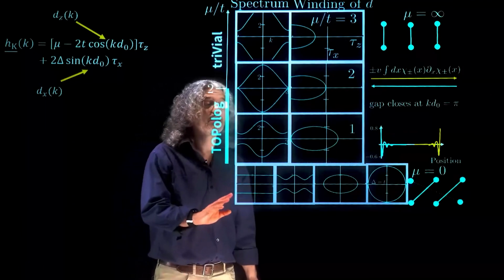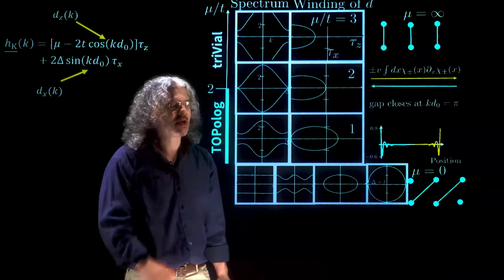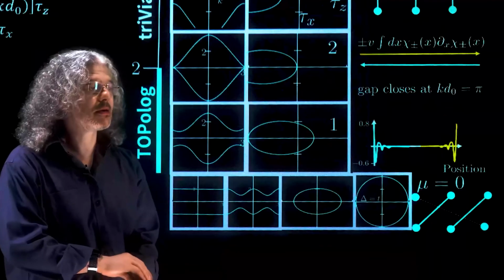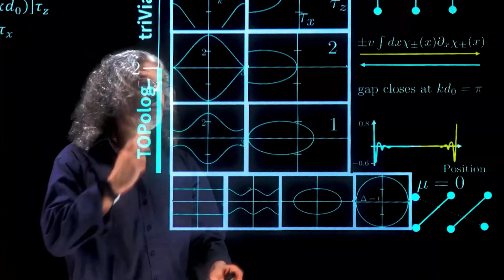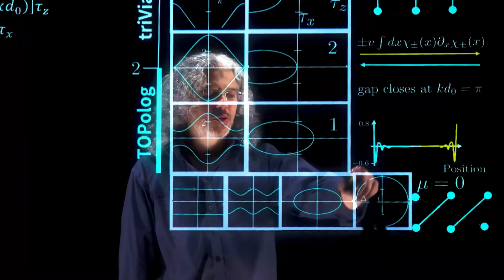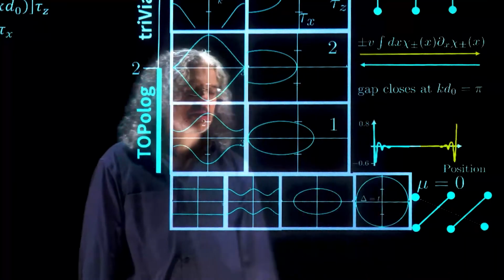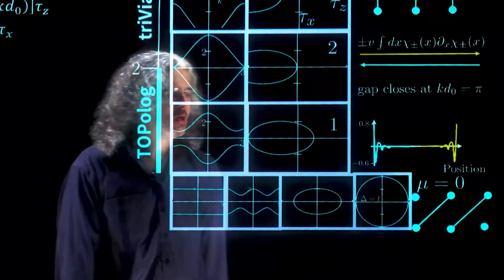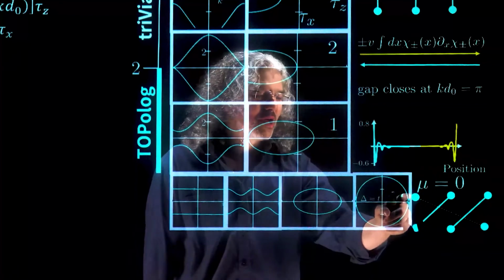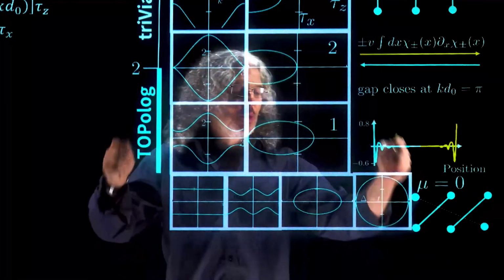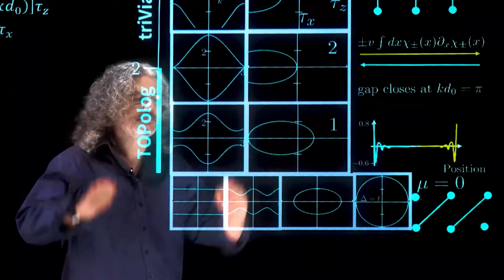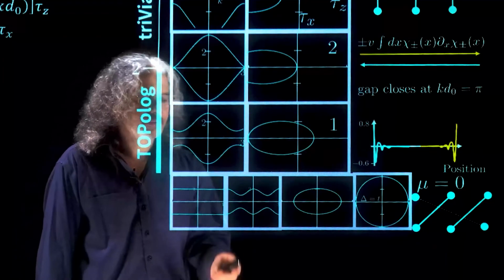So mu equal to 0 is a special case. We already discussed that in the initial discussion of the Kitaev chain model. There, what we did was to assume that mu is equal to 0 and delta was equal to t. The d vector in this case looked like a perfect circle around the origin, and the localization length is simply on the last site, and we define this fermion out of these two Majorana modes, which are located at the end of the wire.